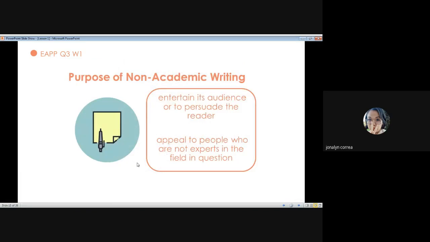The purpose of non-academic writing is to entertain its audience and to persuade the reader. Another purpose is to appeal to people who are not experts in the field in question, for the sake of people who are not experts in a specific topic.